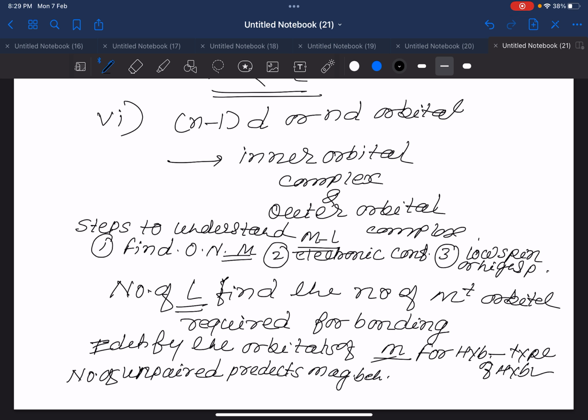Next lecture we are going to study detailed structures of these octahedral and tetrahedral geometries of the complexes.